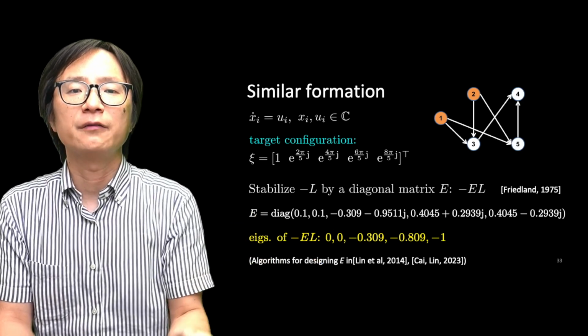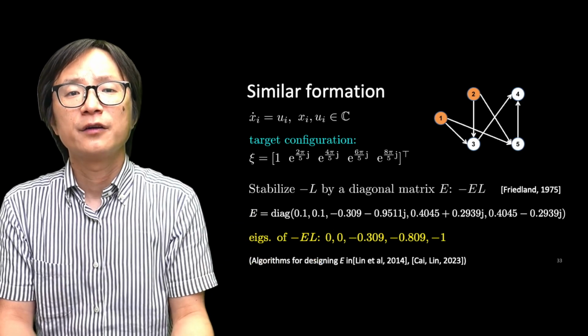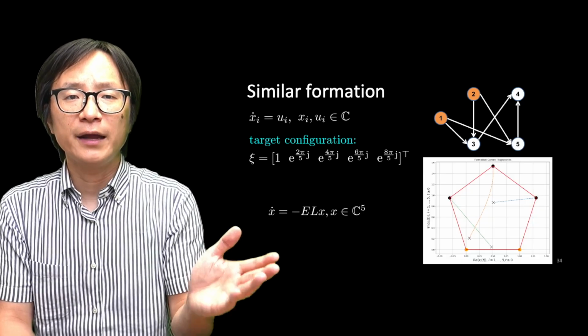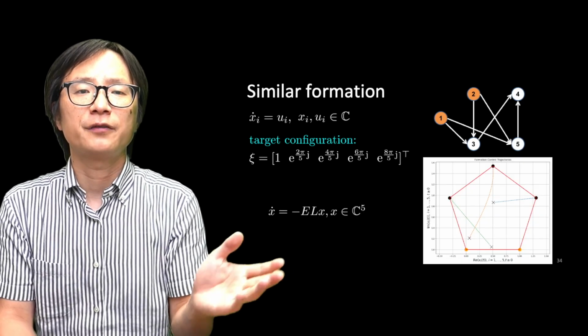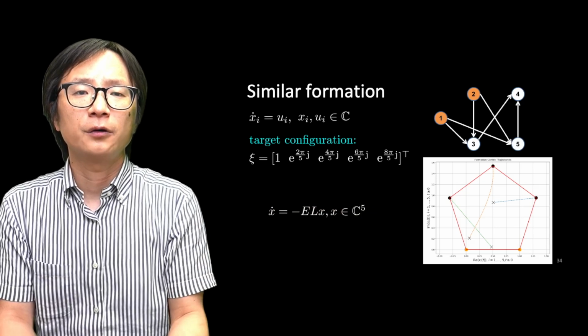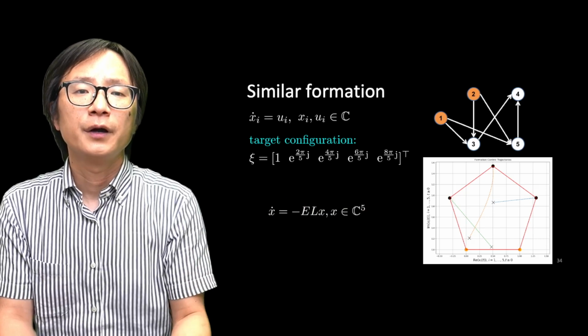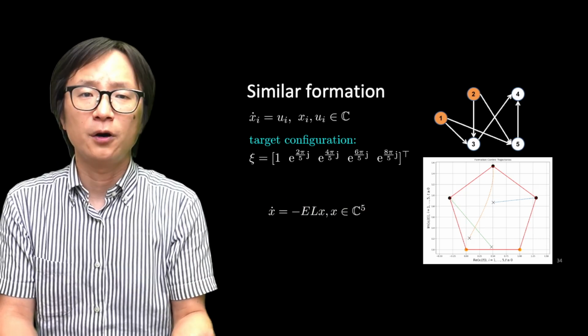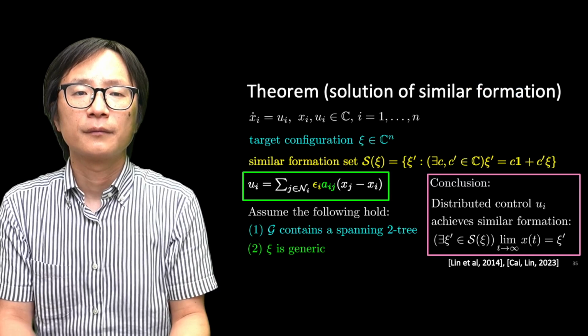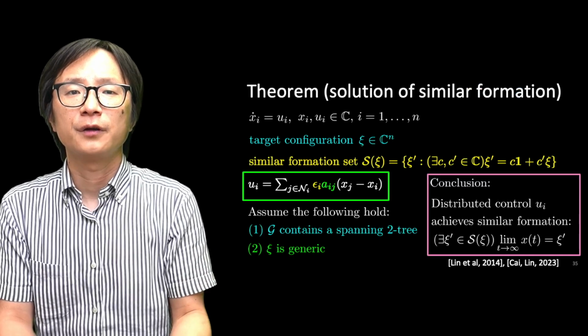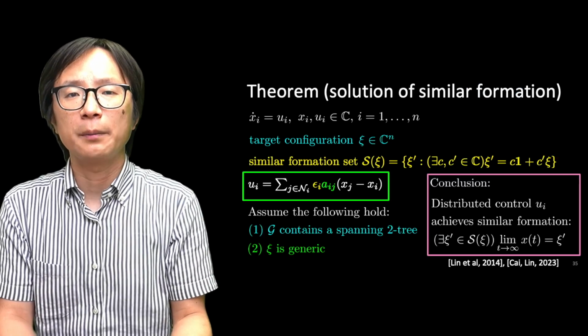So with this pattern of eigenvalues, we should expect similar formation. And indeed, we have it. Starting from a given initial condition, the agents converge to a regular five-gon or pentagon shape. And here is our solution to the similar formation control problem.